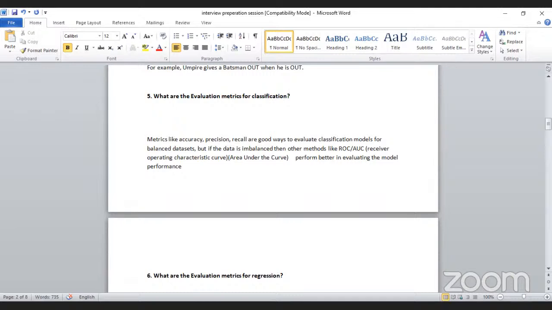We have seen what the evaluation metrics for classification are. We have accuracy, precision, recall, which are good ways to evaluate classification models, but if the data is imbalanced, we use ROC or AUC. But now the question is, what are the evaluation metrics for regression?